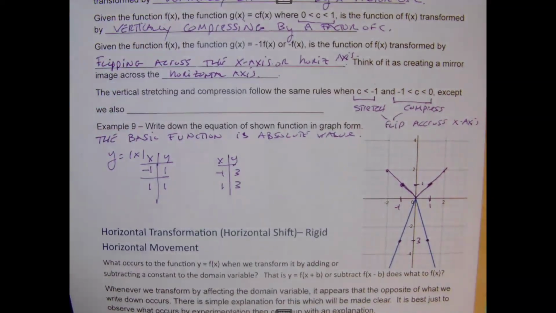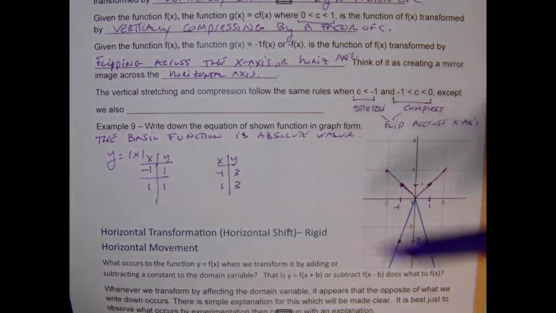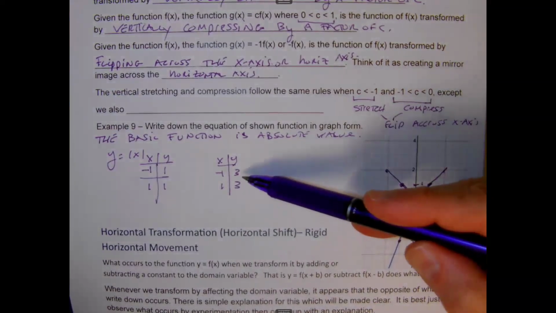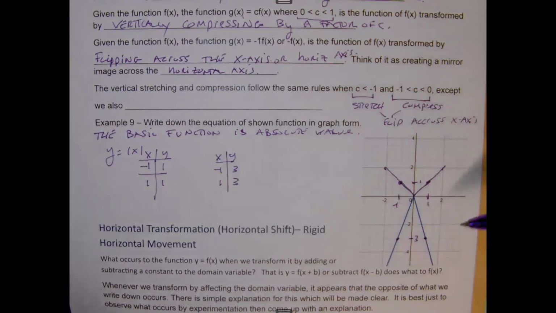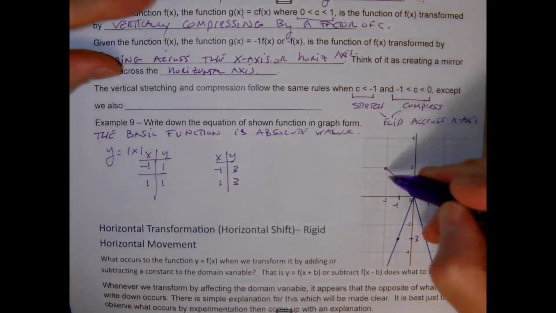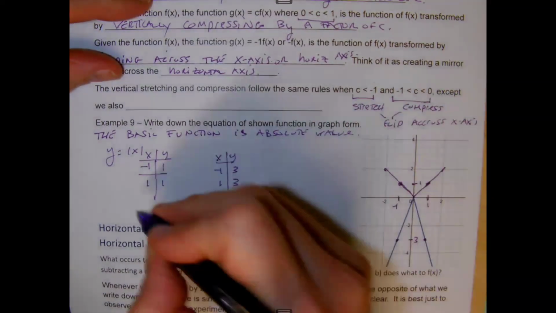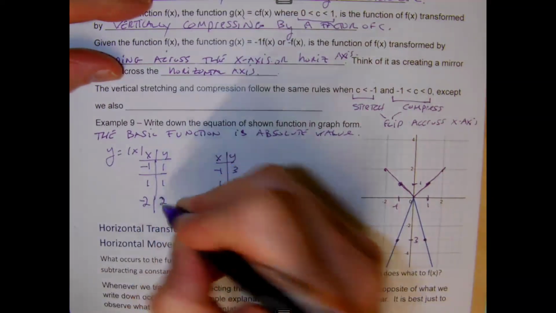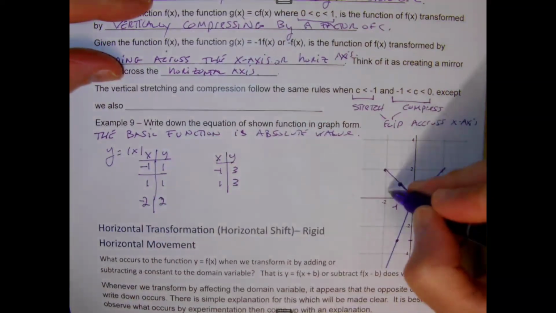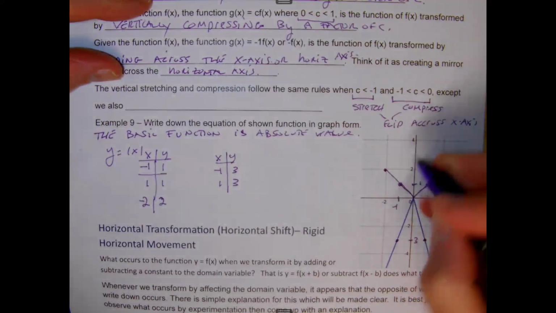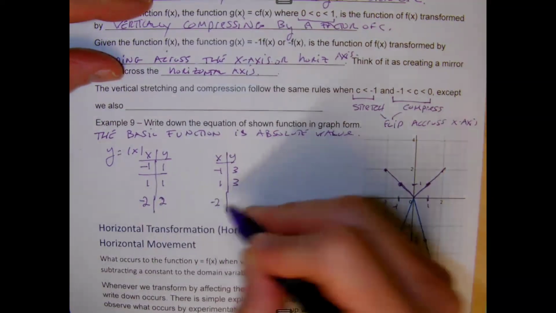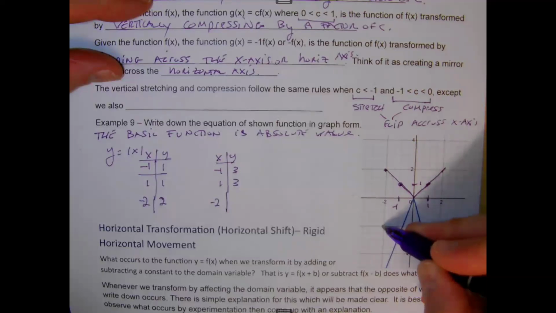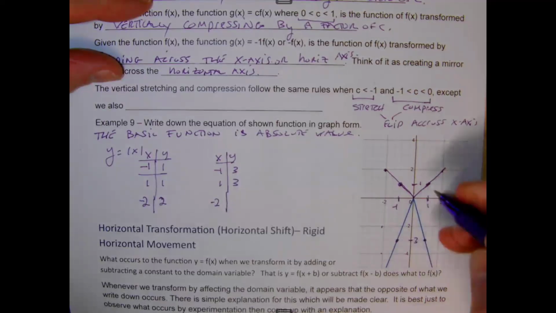So again, since we talked about multiplying, it looks like maybe we've taken this and multiplied it by 3. Let's just verify something. I also get the point -2, 2. Where is that now? Well, -2, where's that going? So that's -2 here, -4.